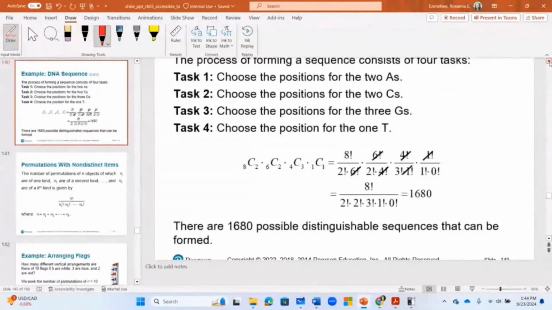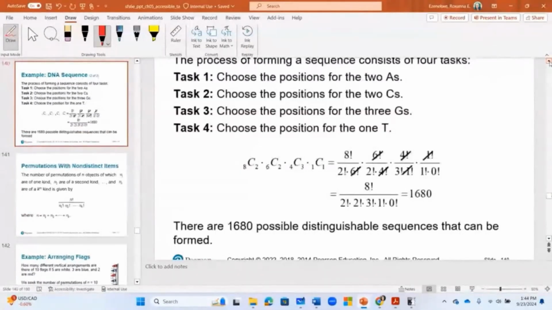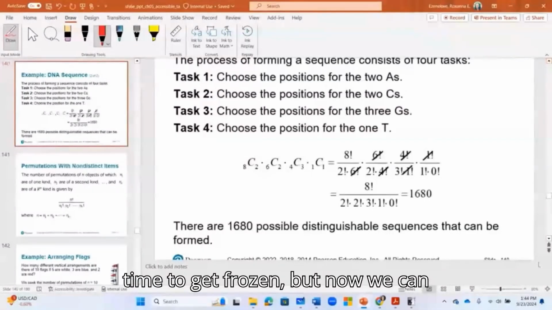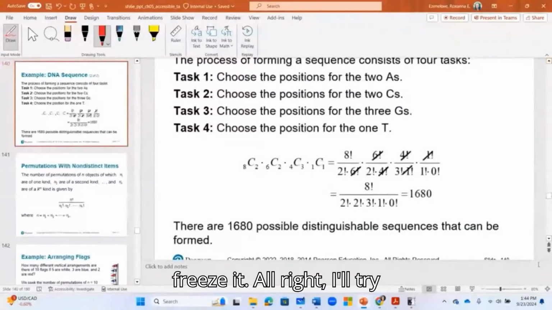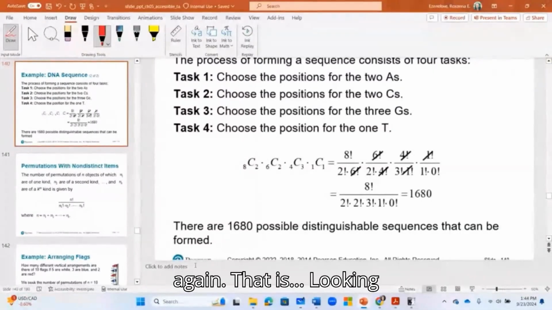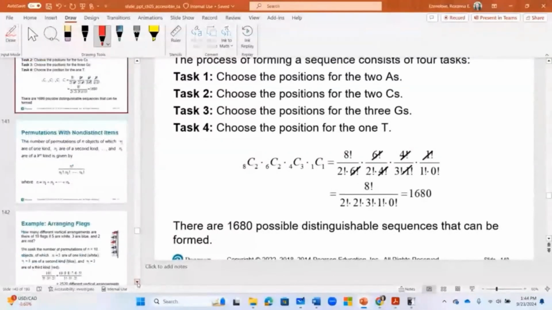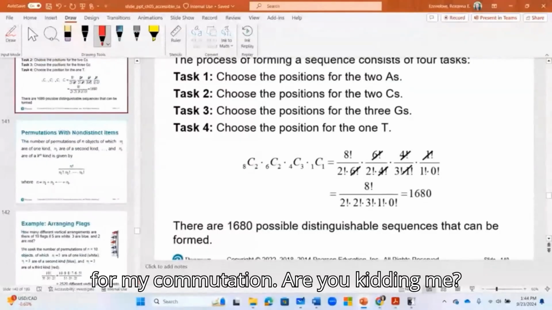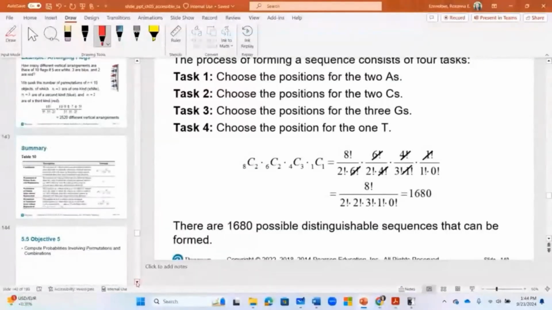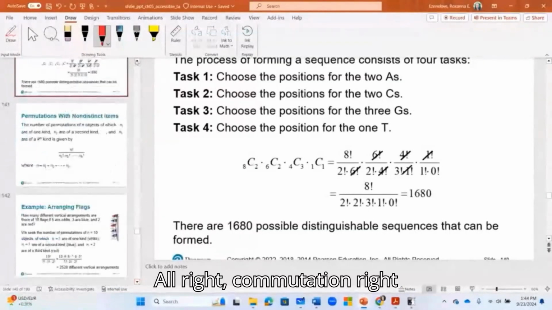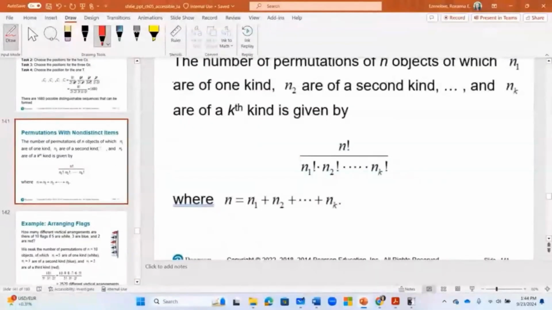All right. It's trying to get frozen, but now we can freeze. All right, I'll try that again. That is looking for my permutation. All right, permutation right here.